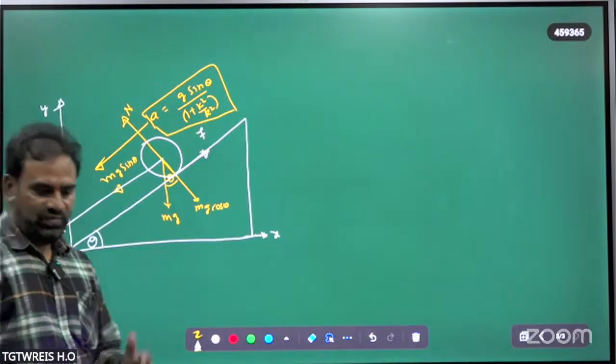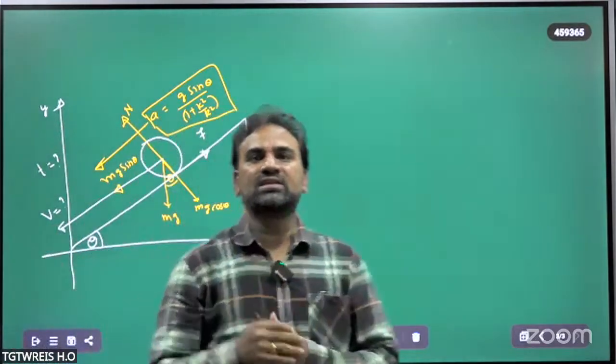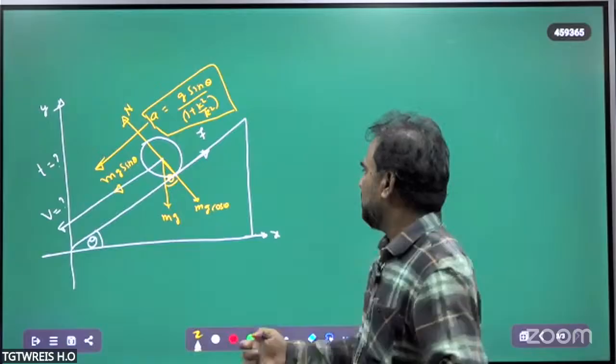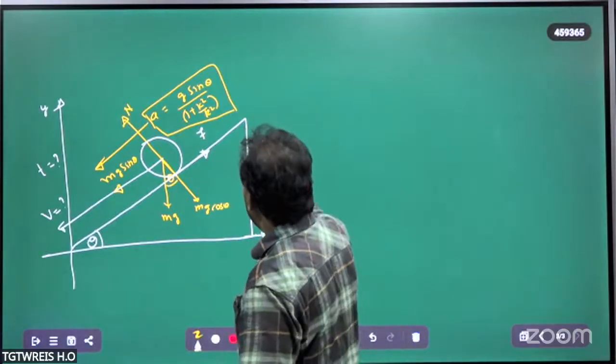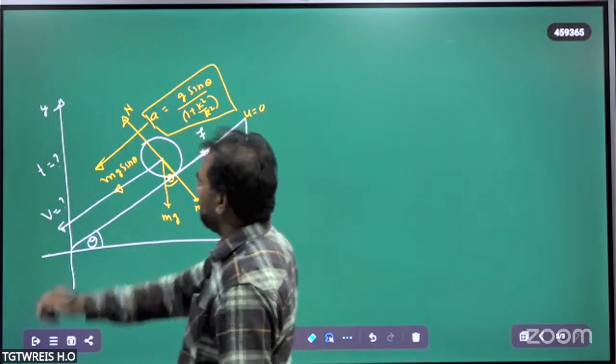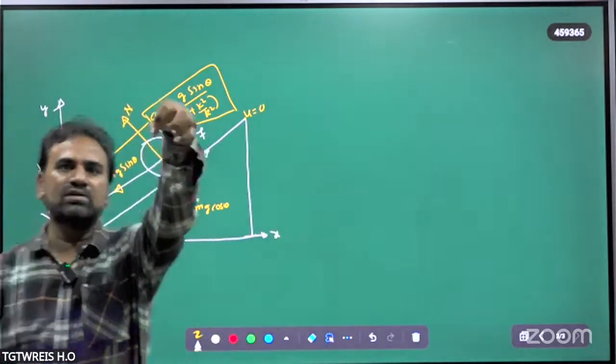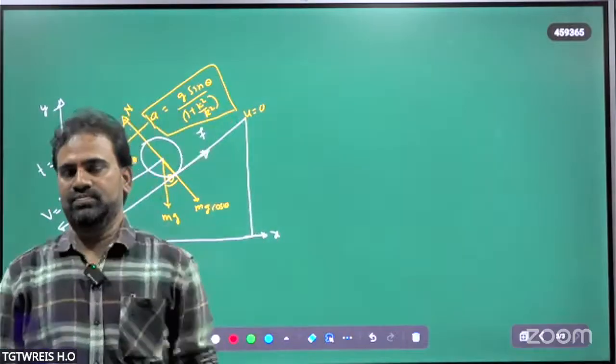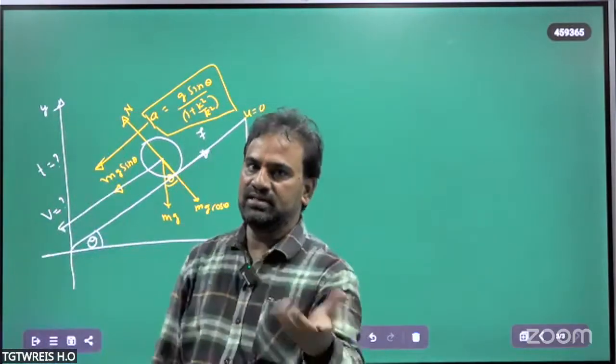Okay. So with what velocity will it reach the bottom? The initial velocity u is equal to 0, already known, because initially the object starts rolling from rest. That means its initial velocity would be 0.